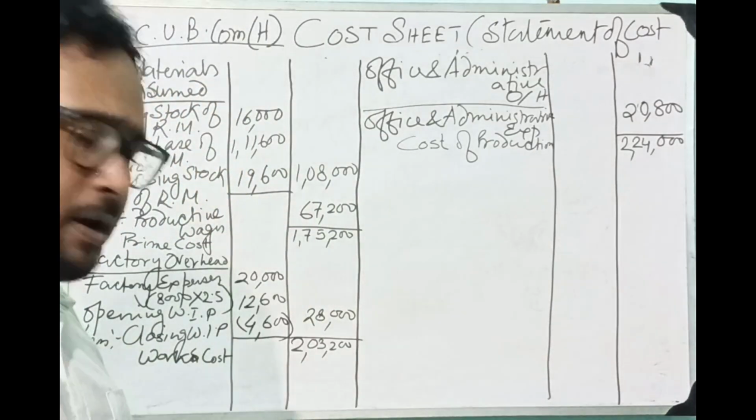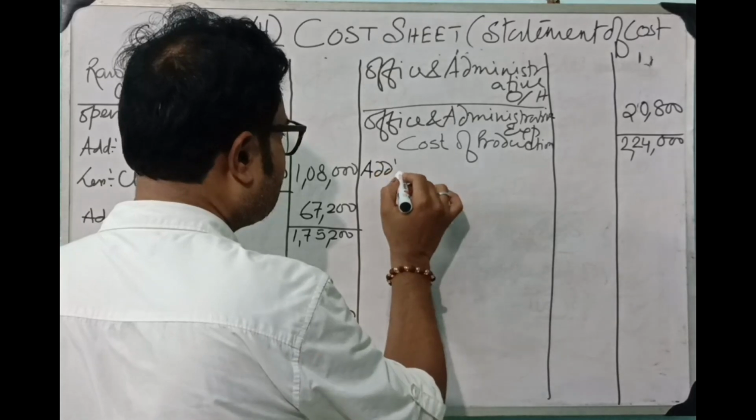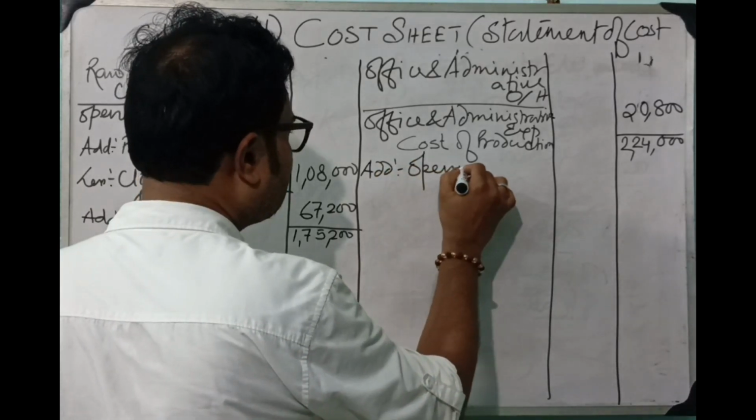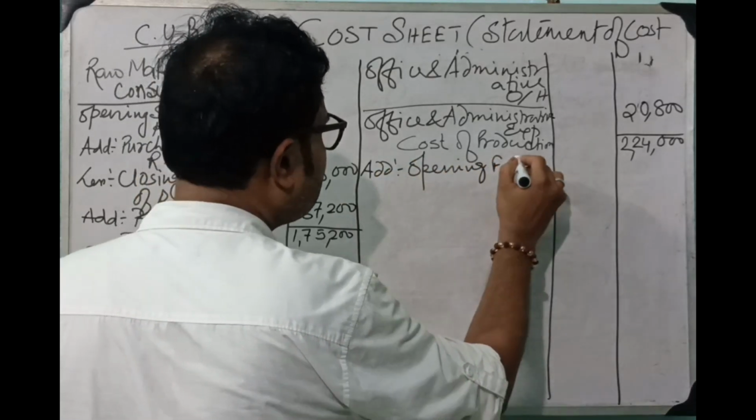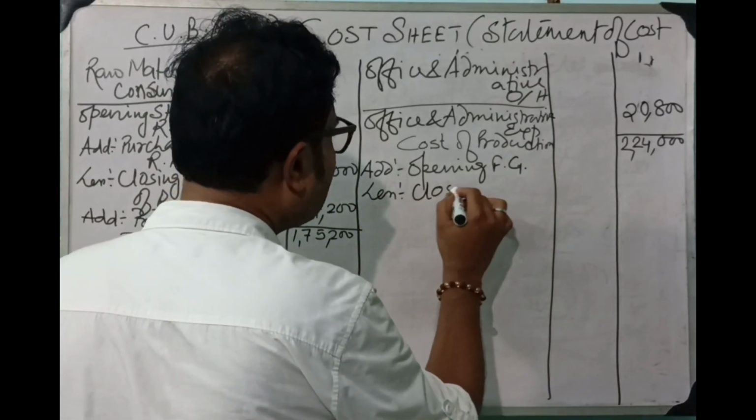Now we will add opening finished goods and less closing finished goods.